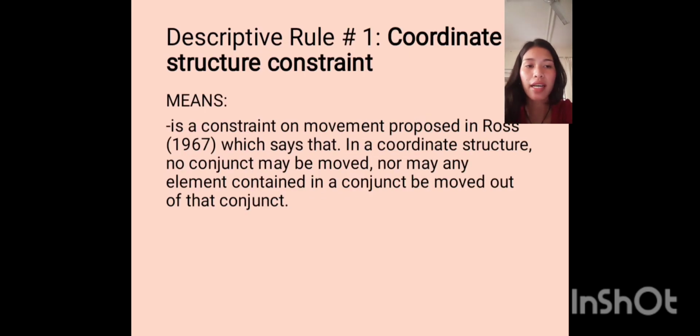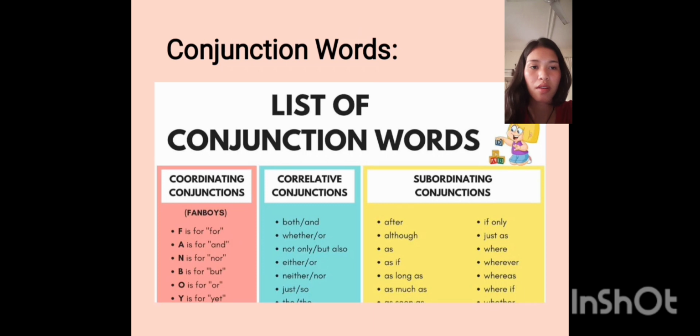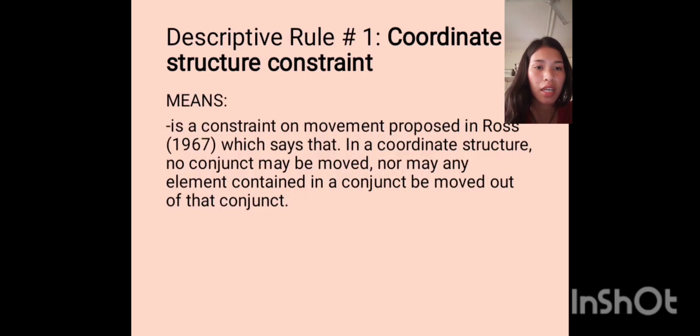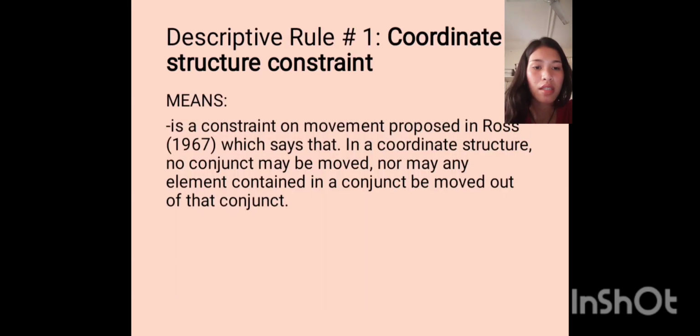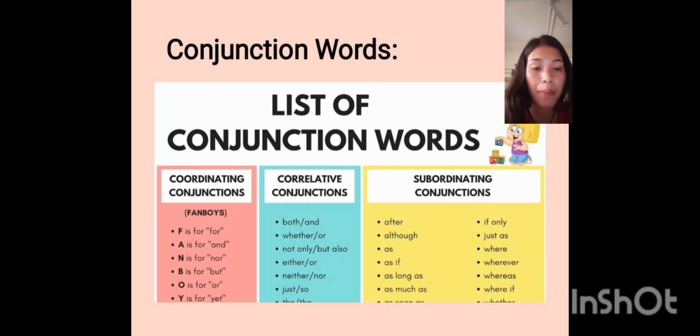Before that, let me show you the list of conjunction words, the coordinating conjunctions. The famous one is FANBOYS. F stands for for, A stands for and, N stands for nor, B stands for but, O stands for or, and lastly Y stands for yet. Those are the conjunction words that can be found in a sentence.